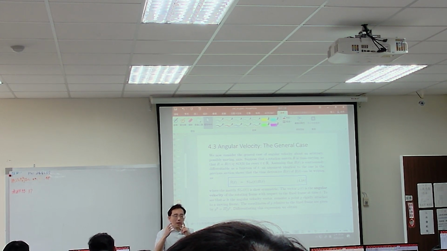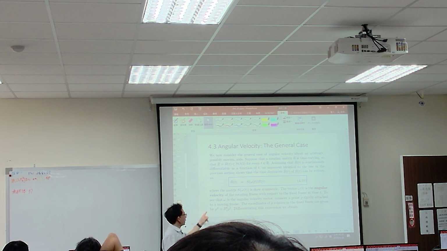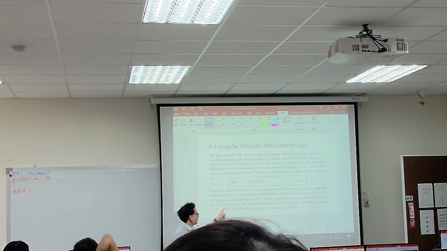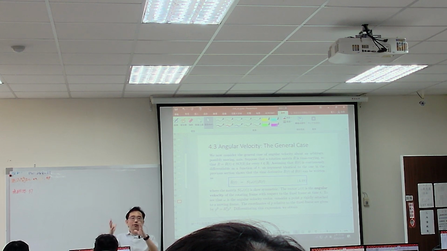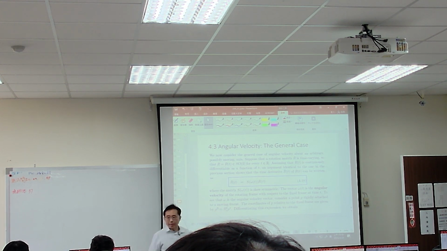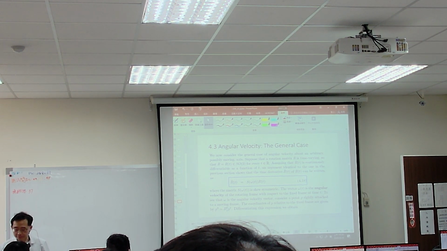What is the absolute coordinate? It is the coordinate we want to observe from coordinate 0. So this is the rotation matrix. We want to rotate it back to coordinate 0.